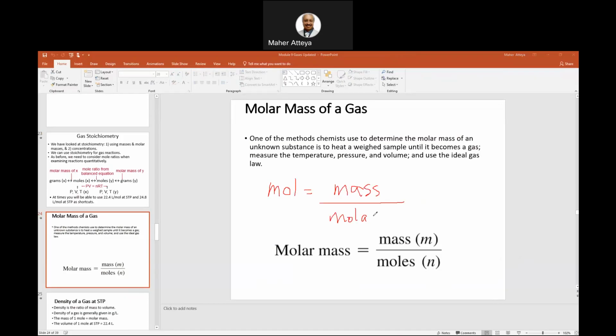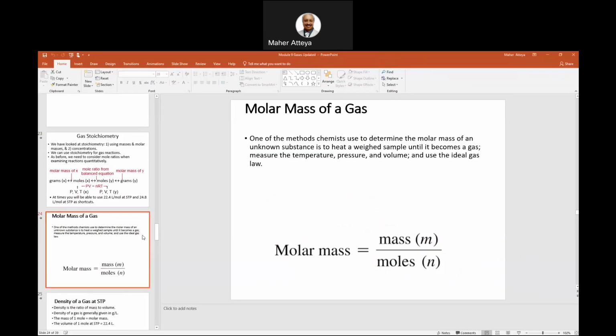It's always the case, correct? Now cross multiply. So molar mass will be mass over what? Over mole. So if we know the mole by definition is the ratio between mass and molar mass, then the molar mass will be mass over number of moles. So now we can determine this one for the gases from the ideal gas equation.